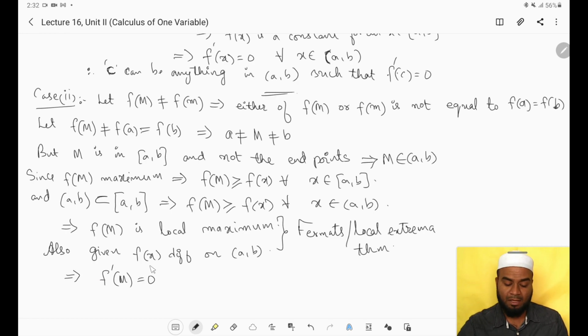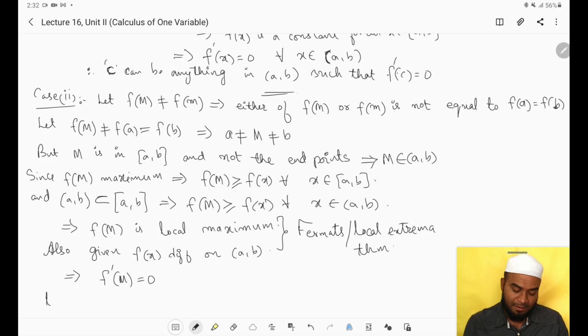When f has a local maximum at the point M and f of x is differentiable on the open interval, then Fermat's theorem guarantees that f dash of M, the derivative of the function at the point where it attains the maximum, will be 0.